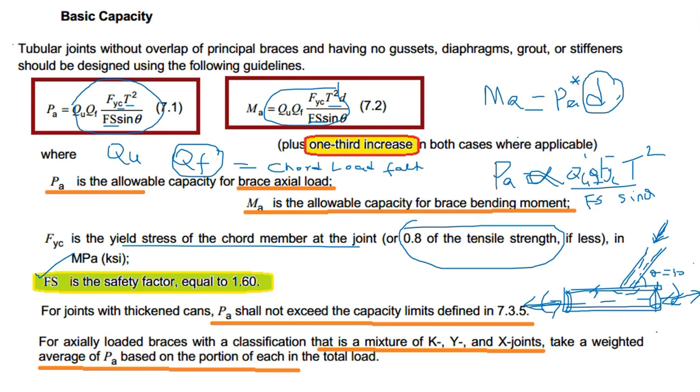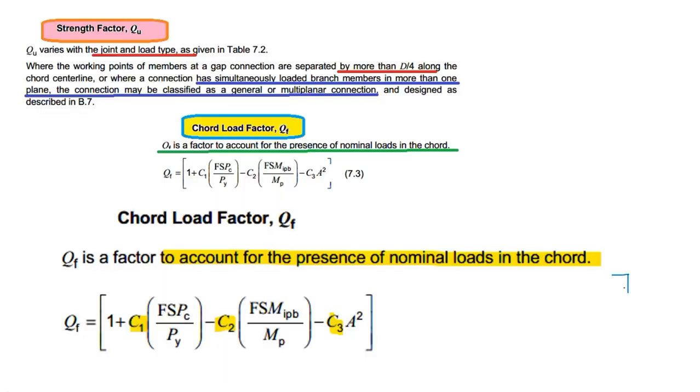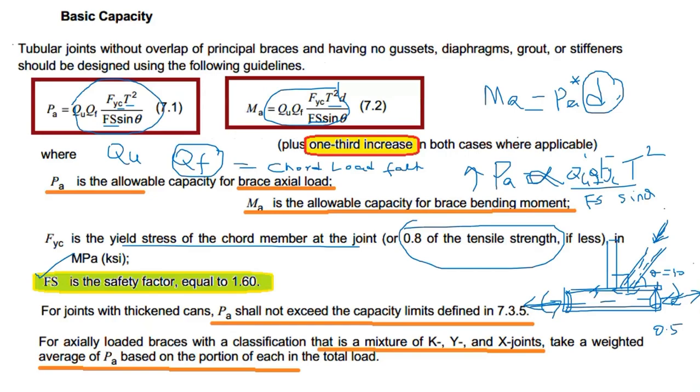Sine theta is 0.5, so my PA value increases. Suppose I increase theta to 90 degrees. Sine 90 is 1, so the PA value comes down. As long as I increase the theta value, my PA value comes down.